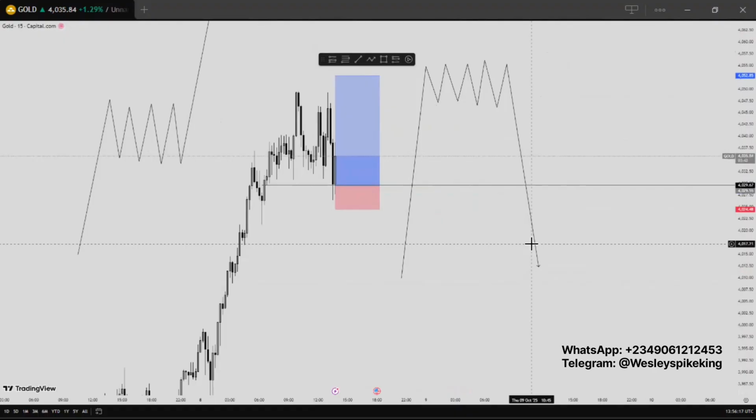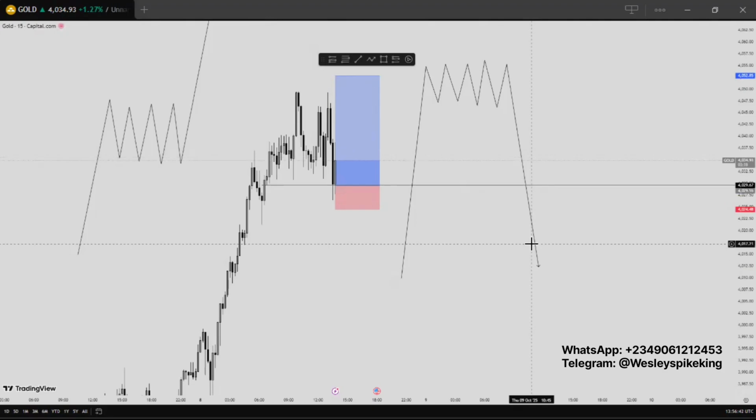Whenever you find that the market is trending, let's say the market has been giving you very massive impulsive moves, those impulsive moves will need to take a break at some point. That break doesn't mean it doesn't want to continue the rally.